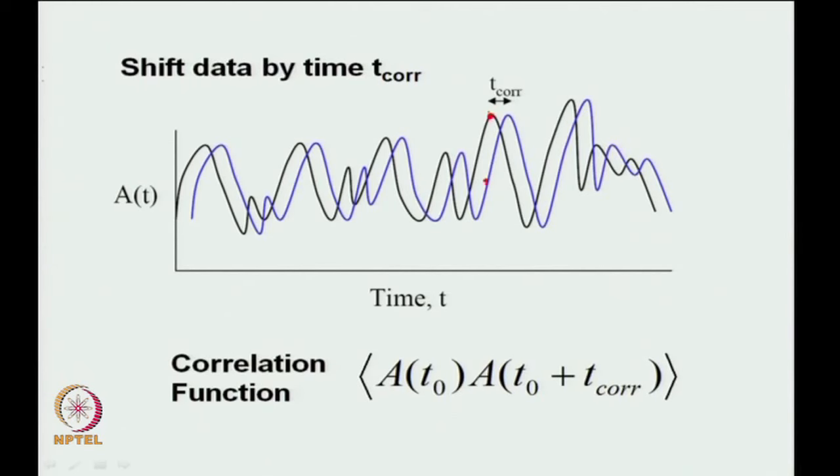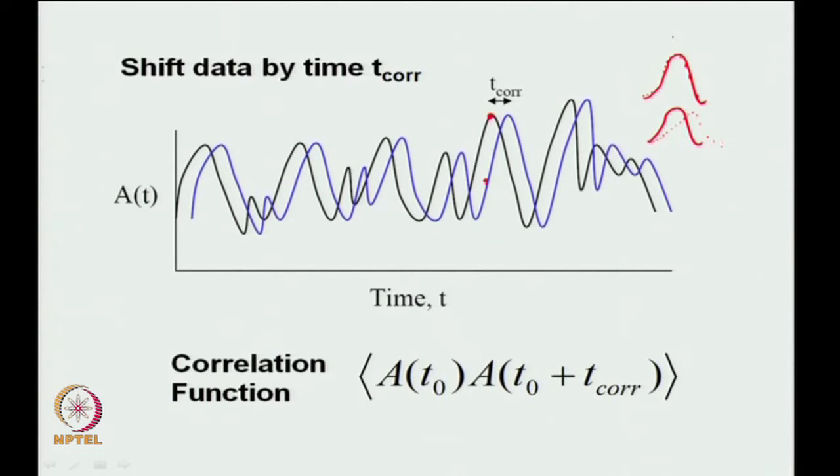See it. So, let me see whether I can do it. So, this is what I started with, right. This was one curve and then this was the dotted curve, both are at t naught. Okay. Now, what has happened is my t naught is still here because that is what I started with. Now, what I have done is I have moved it by t correlation.